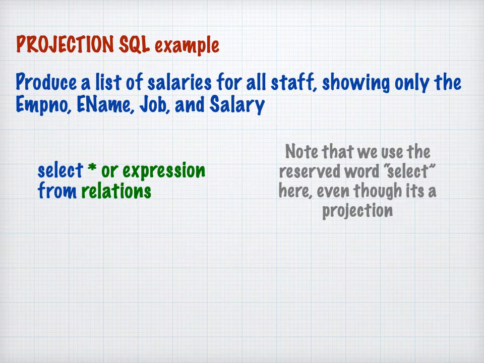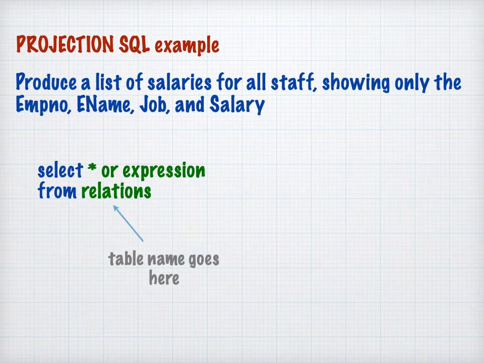So an SQL statement will always look like this: select from where, but we're only going to use select and from. And the way that you construct it is you put the table name after the from bit. So the relations, the tables go after the from bit. Now you can have multiple tables separated by commas, but in these initial examples we'll just have one simple table.